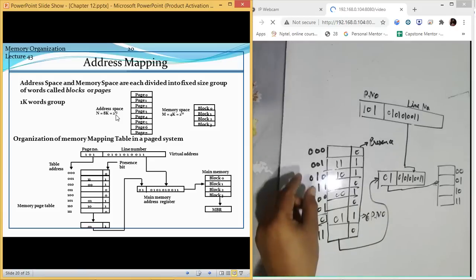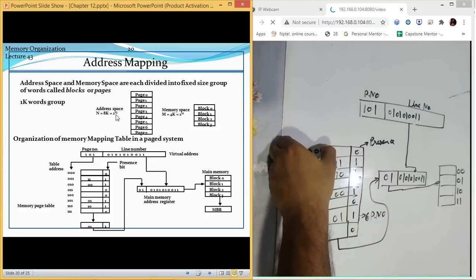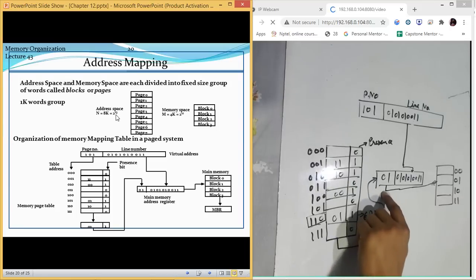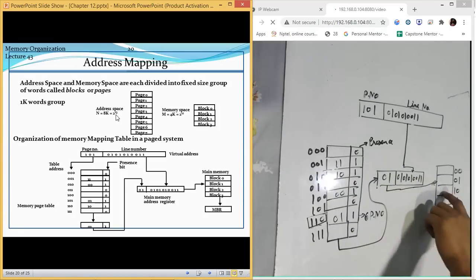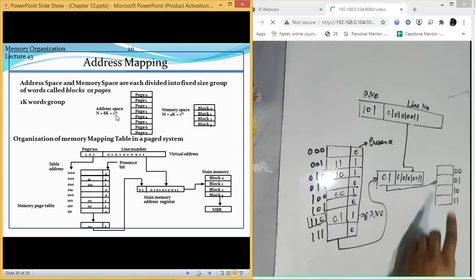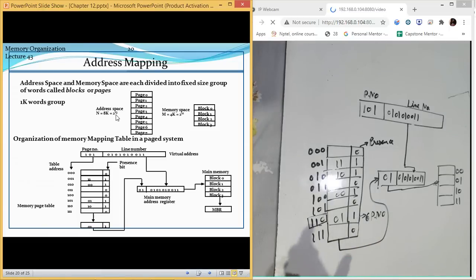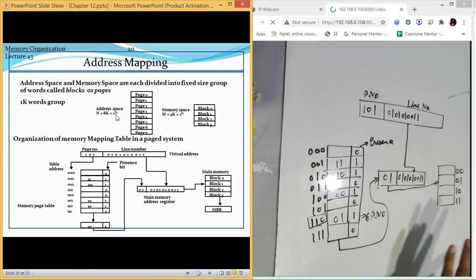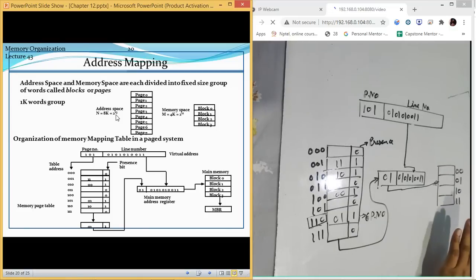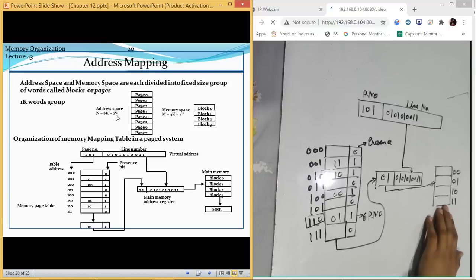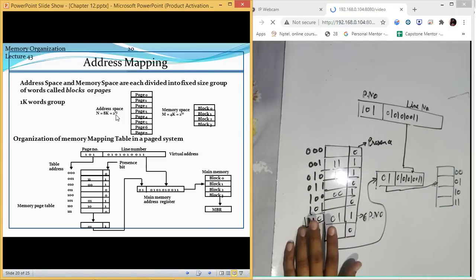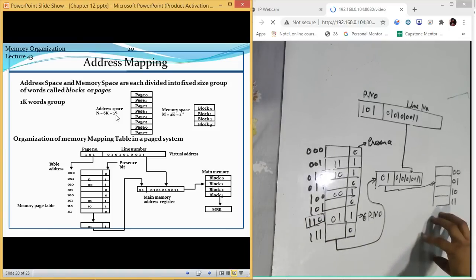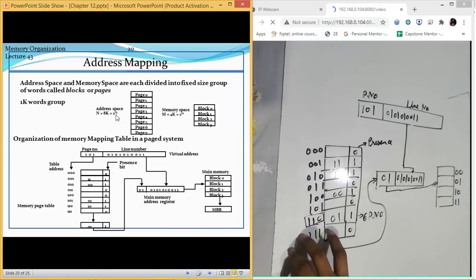So we have converted those 3 bits which we were having for the page number to 2 bits as a block number. So those 13 bits were reduced to 12 bits to provide you with access to use the same address for your main memory as well as for your hard disk. So that is how we are going to create a link between RAM and your hard disk.